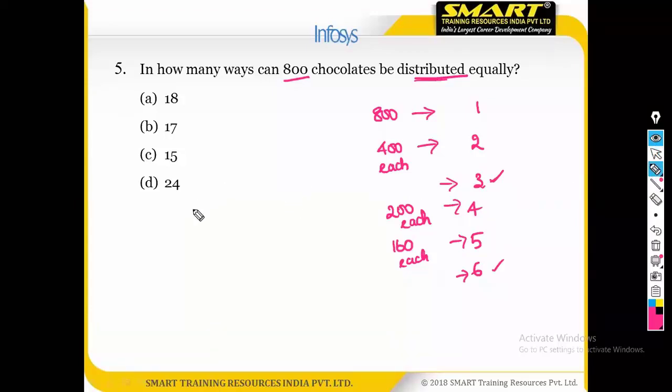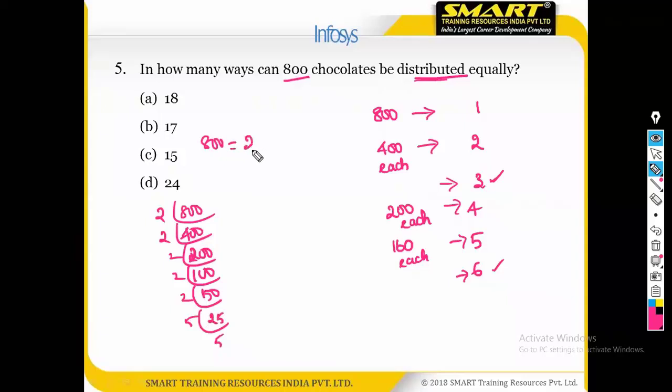So guys, writing like this, keep on going will give you the answer, but we need not write like that. Just write the powers of primes. So 800 is equal to 2 power 5 into 5 power 2.